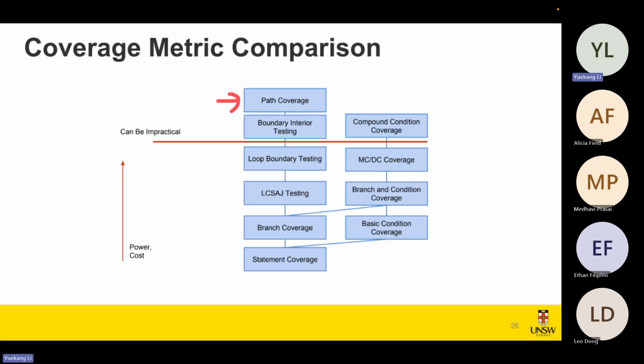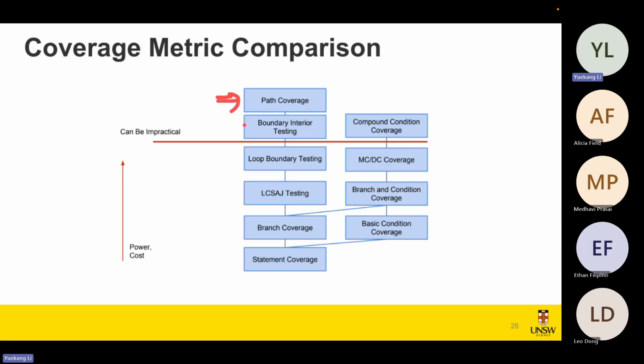We can have an infinite number of paths, especially when we have loops, and even if the loop has an upper limit, there could be a path explosion problem because of the branches inside the loop. So path coverage, although it is the strongest metric here, is often impractical. We cannot use it.